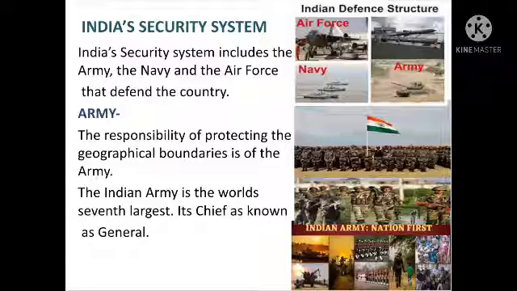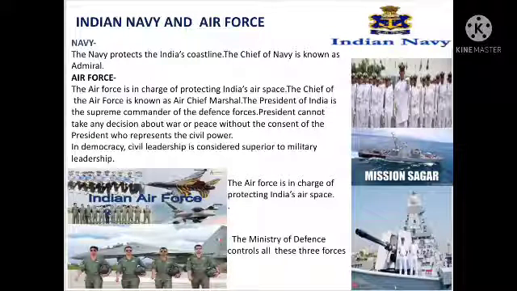The Ministry of Defense controls these forces. The Indian Army is the world's seventh largest army. Its chief is known as the General. The Navy protects India's coastline and the Chief of Navy is known as the Admiral. The Chief of the Air Force is known as Air Chief Marshal.